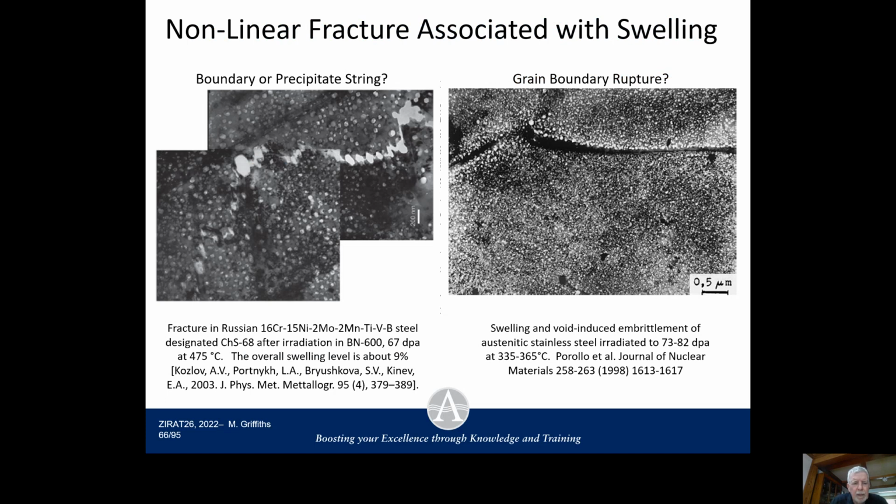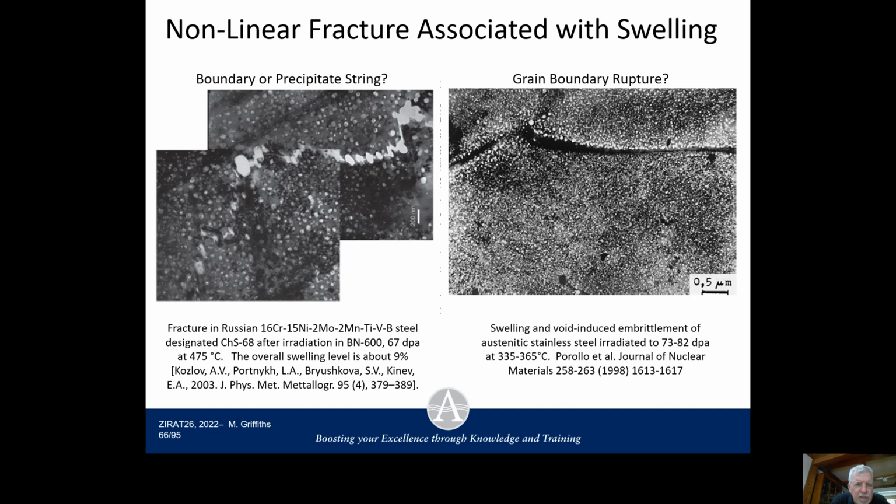So as I said earlier, fracture is often associated with swelling. And part of the reason for that is because of images like this, where people see cracking in material with a high density of cavities.